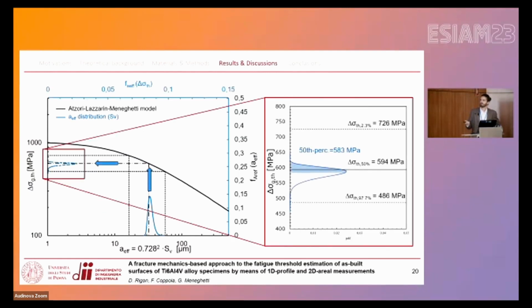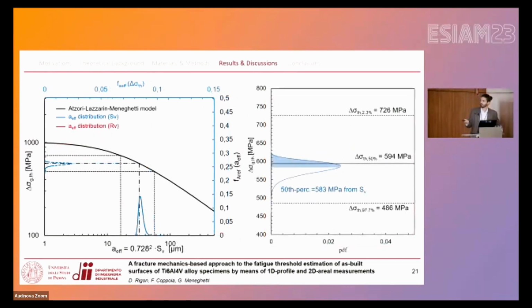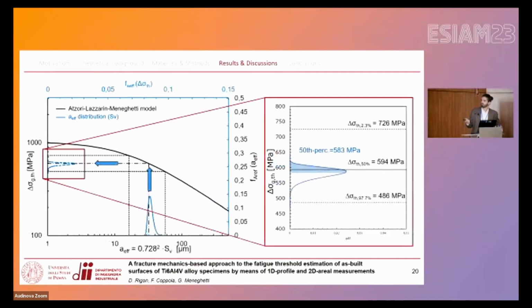Here we have the distribution mapped on the fatigue limit axis, and as you can see, the 15th percentile of the estimated fatigue limit agrees well with the experimental fatigue limit obtained in our specimens.